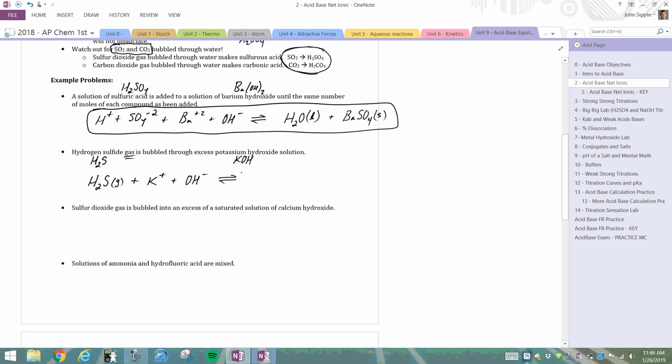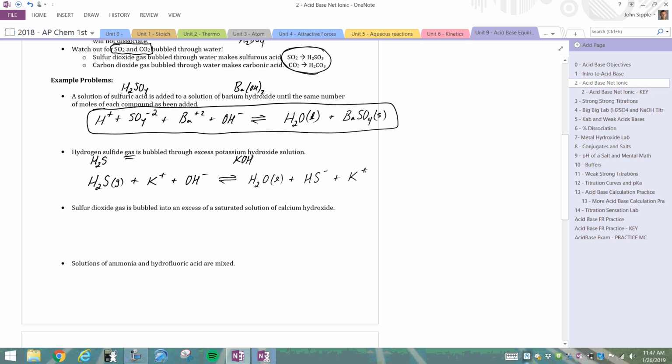In this case, we have our acid, H2S, and we're going to donate that H to our base, which is hydroxide, to make H2O, so we get liquid water, and HS minus. We also have our potassium ion still floating around in solution.